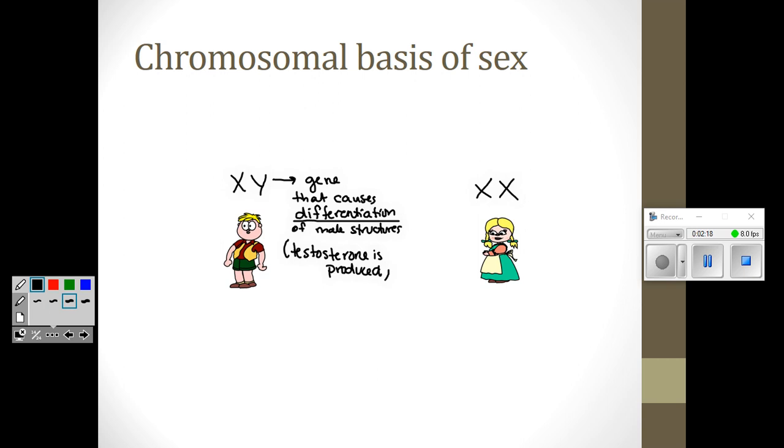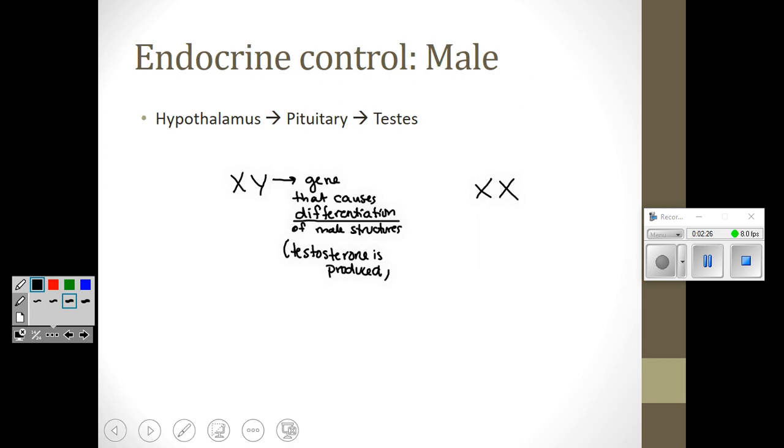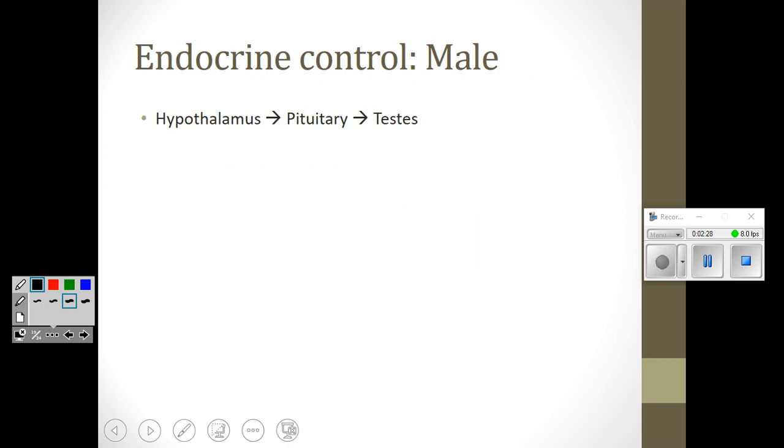Now, since a hormone is kind of the reason that differentiation happens here, we need to talk about how in a male the endocrine system plays a role. This is the basic pathway, and it looks the same as a lot of the other endocrine pathways we looked at, where the hypothalamus is the starting point, then the pituitary.